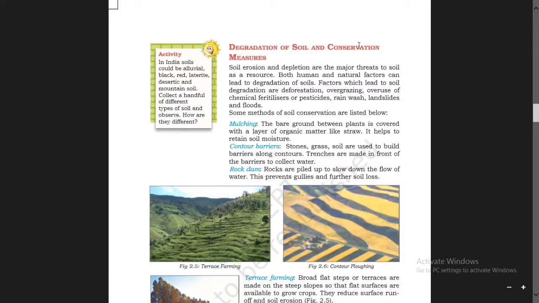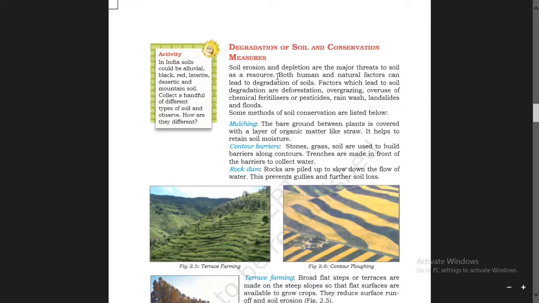Degradation of soil and conservation measures. Degradation means breaking down of soil, and conservation means to save, to preserve. It is a preventive measure. How to save it? Let us see. Soil erosion and depletion are the major threats to soil as a resource.